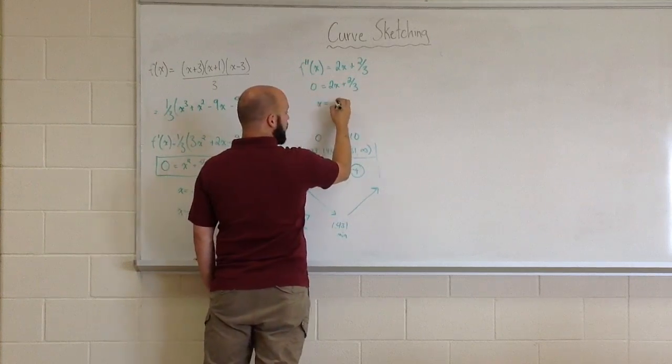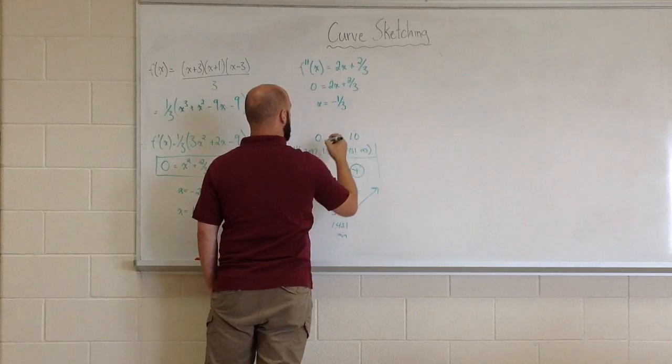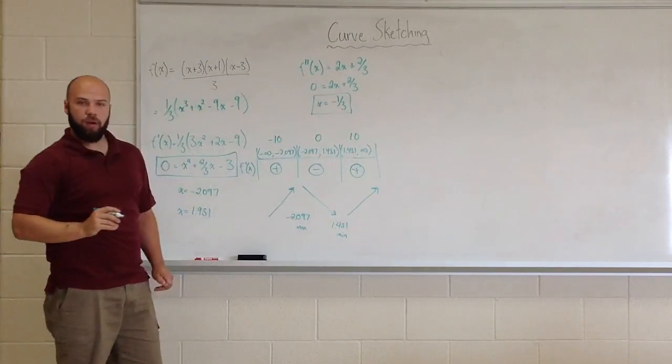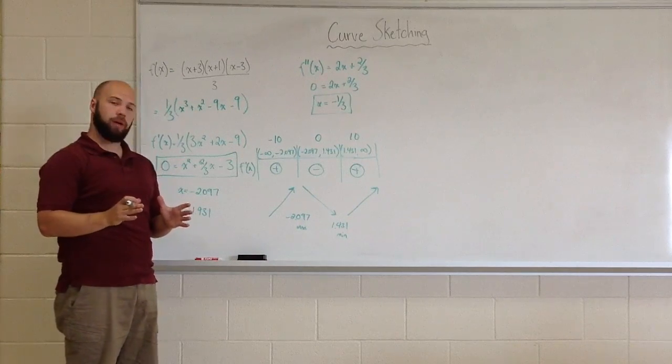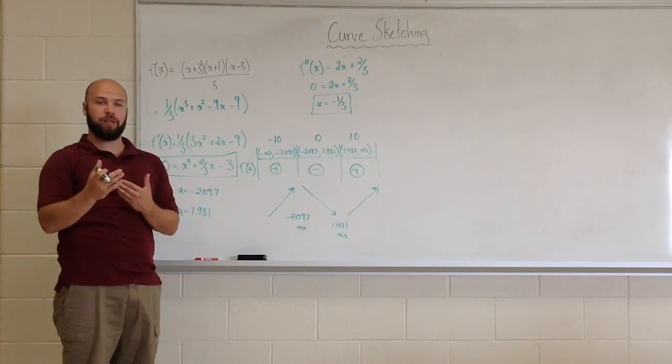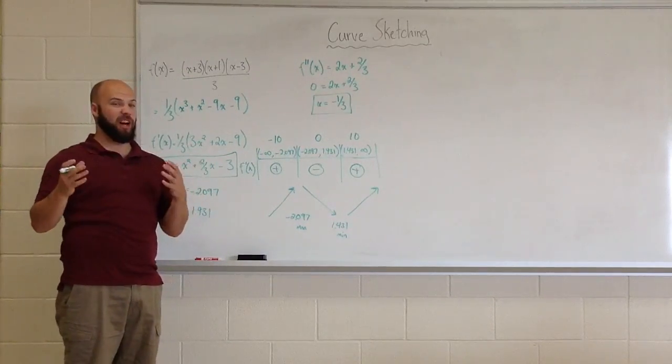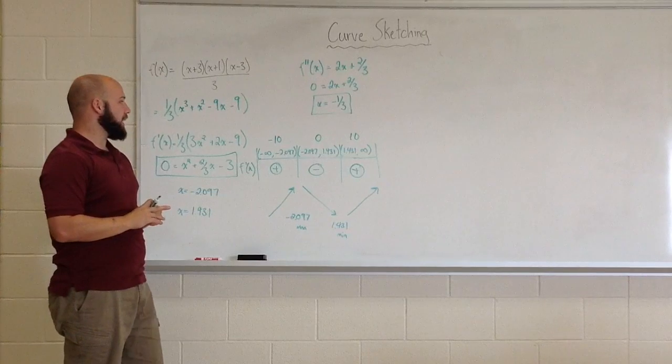So x equals negative 1 over 3. Now this is a possible inflection point. Remember, it's only a possible inflection point. We have to check, once again, with an interval table to make sure that it is. It could bounce off the graph and not be an inflection point, so we need to verify this.